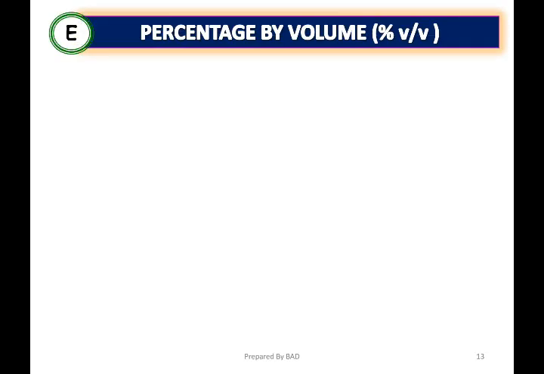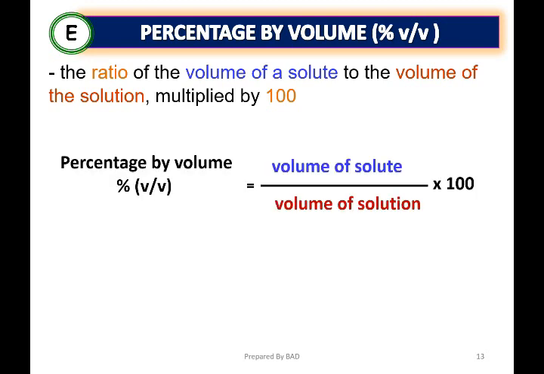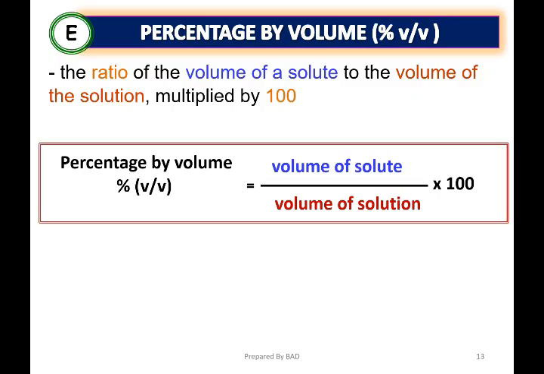Percentage by volume. Percentage by volume is the ratio of the volume of a solute to the volume of the solution multiplied by 100. The formula for percentage by volume is volume of solute divided by volume of solution multiplied by 100. It is most often used for liquids and gas.